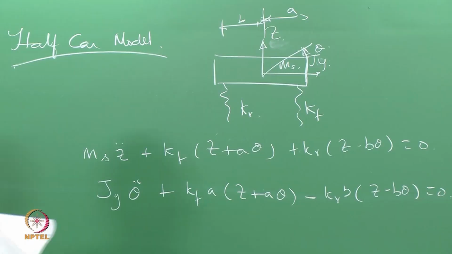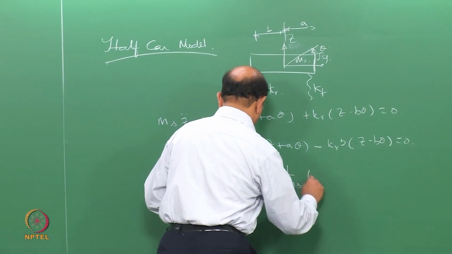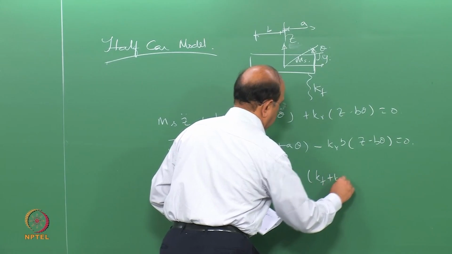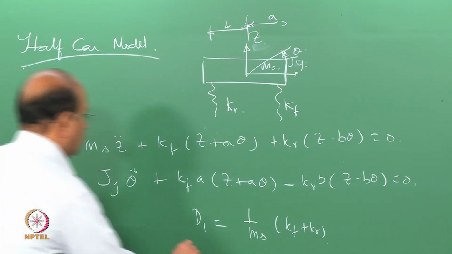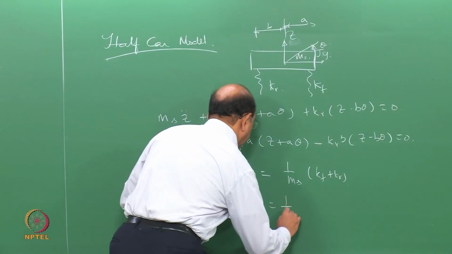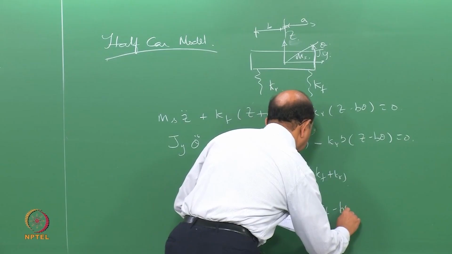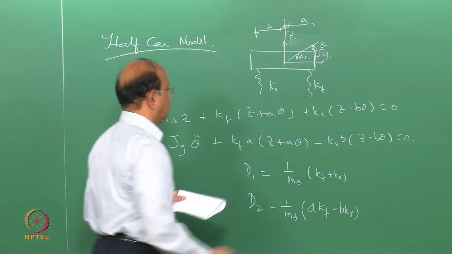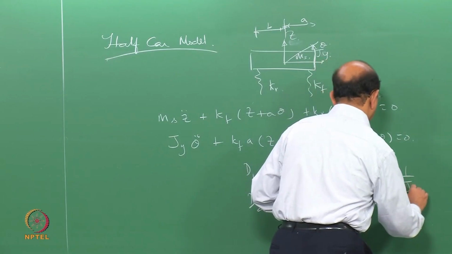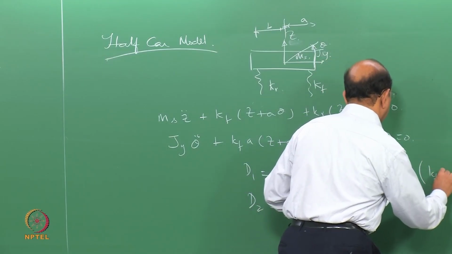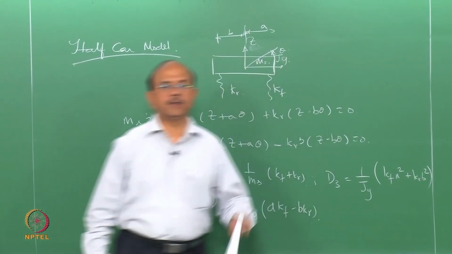Following Wong, let's call D1 as 1 by ms times Kf plus Kr, D2 as 1 by ms times A Kf minus B Kr, and D3 is equal to 1 by Jy times Kf A squared plus Kr B squared.